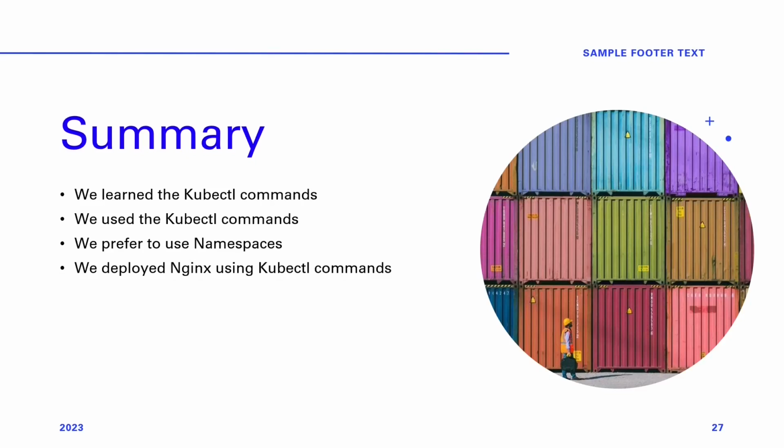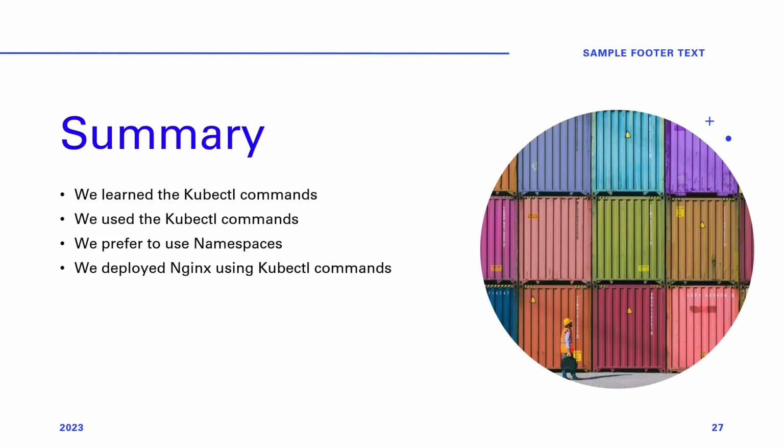We also learned that it was highly beneficial to use namespaces, and we saw the benefits when it came to cleaning up the cluster. We deployed 2 kinds of Nginxes using kubectl commands, and the last Nginx we deployed was a non-root Nginx server. And we mentioned the security risks of deploying containers that are running as root.